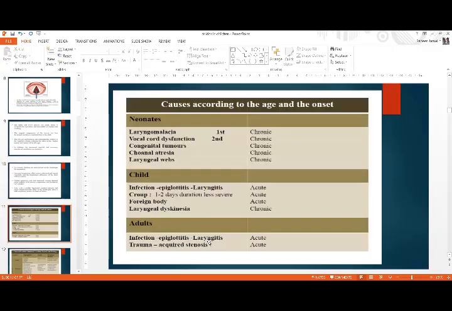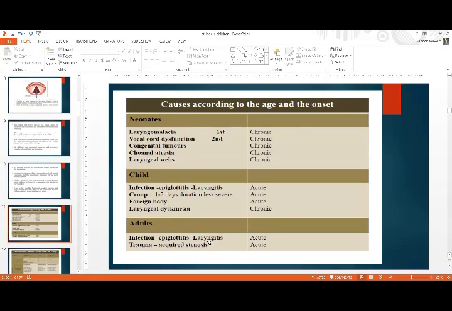What are the causes of stridor according to the age and onset of the disease? If you are hearing stridor in a newborn, then the commonest cause is laryngomalacia, followed by vocal cord dysfunction. This is a chronic onset disease. These are followed by congenital tumors, granulomas, laryngeal web, and congenital tumors.